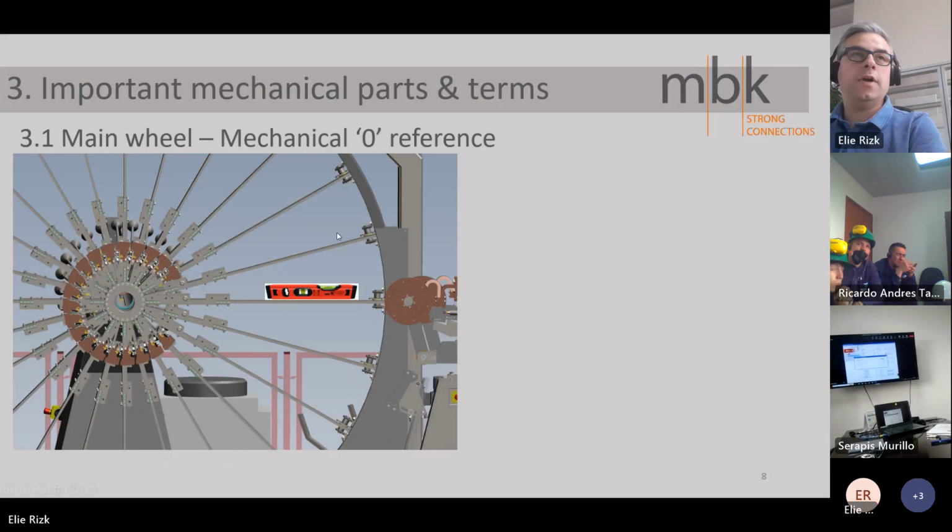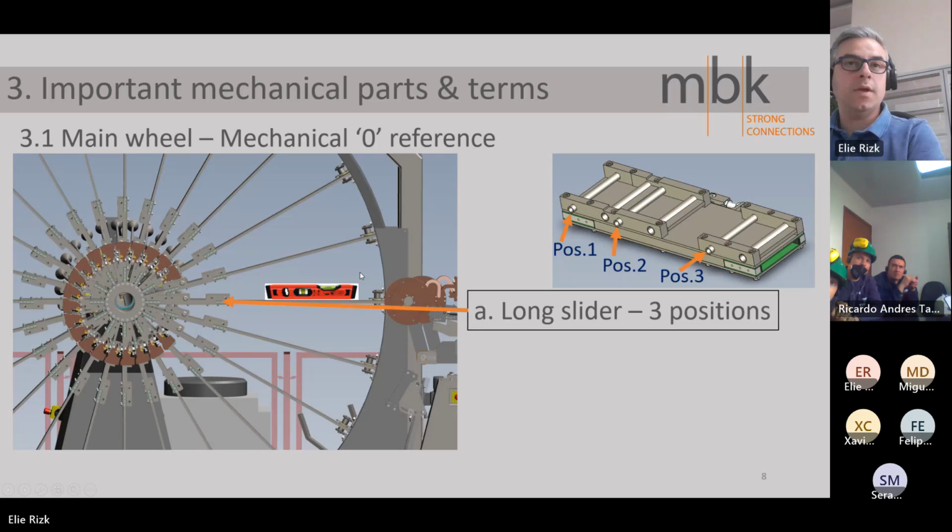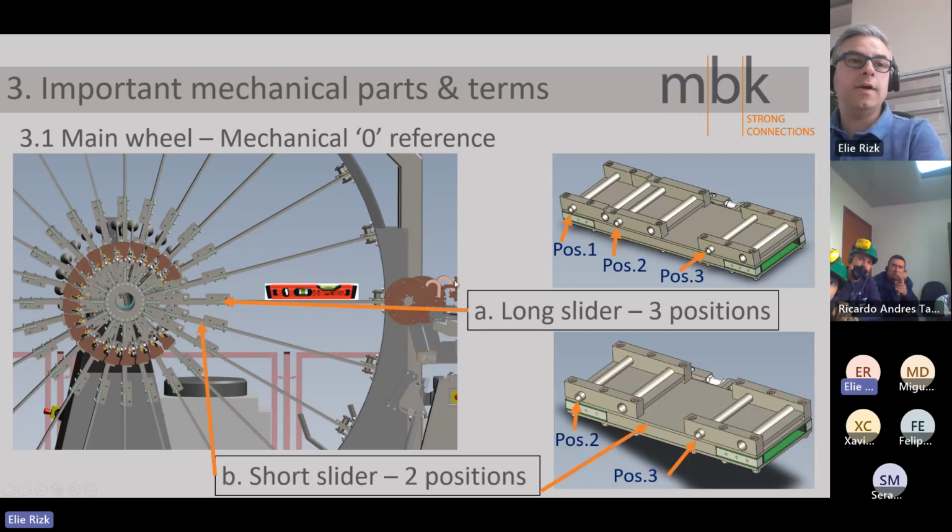Okay, here, you remember we have a long slider and a short slider. The basic condition is that we have the longer slider in the horizontal position in front of the welding and contact roller.